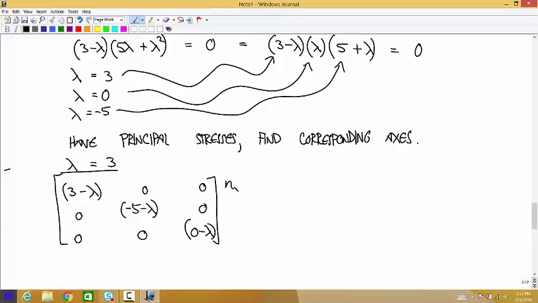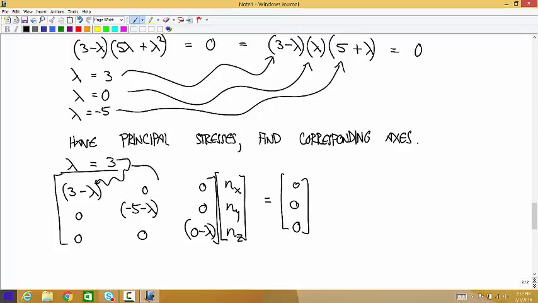And we're multiplying that by 3 unknown components for the principal axis. It all has to be equal to 0. We're going to take this 3 and plug it in for lambda, and then solve for those 3 unknowns.